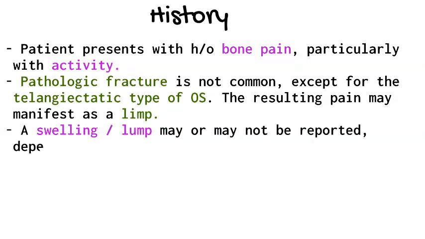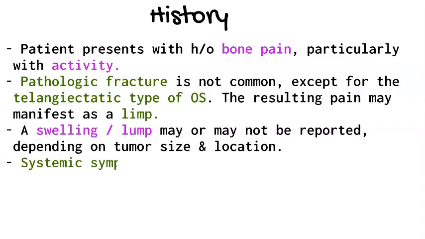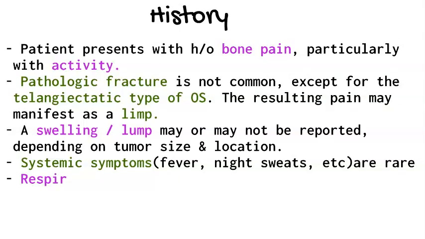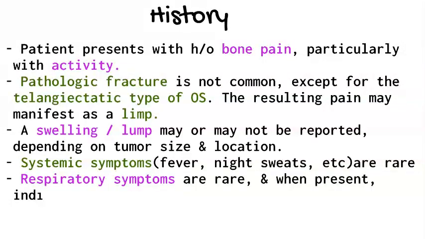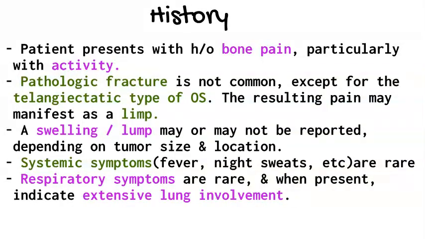A swelling or lump may or may not be reported depending on tumor size and location. Systemic symptoms, fever and night sweats, are rare. Respiratory symptoms are also rare and, when present, indicate extensive lung involvement.